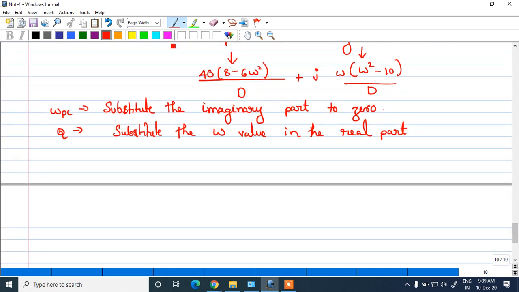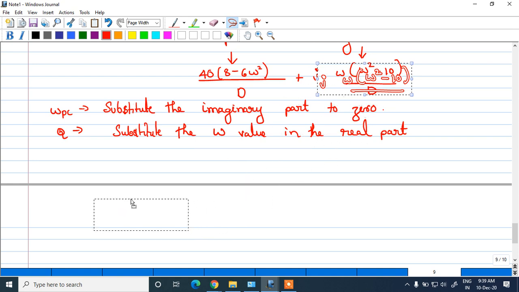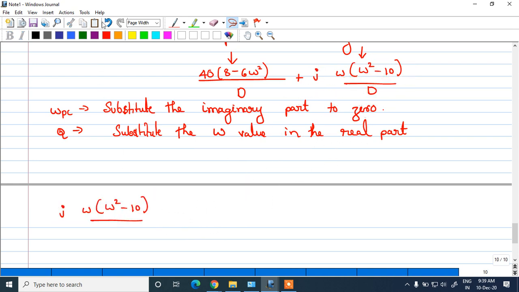So what I will do, I will copy this particular imaginary part, Control C, Control V. When I substitute this to 0, the denominator will be 0 if I cross multiply, and the final will be omega square is equal to 10, and the same, omega pc will be root of 10. And I will substitute this omega square in the real part.